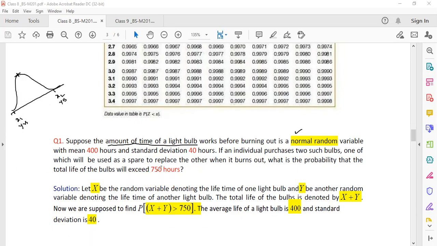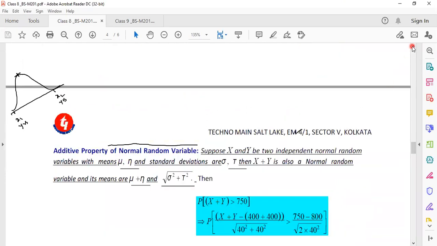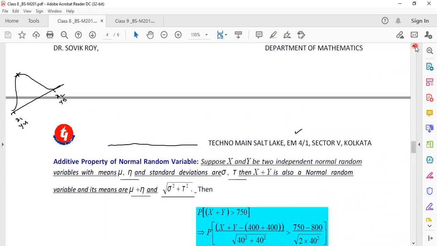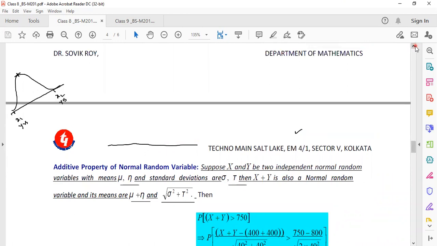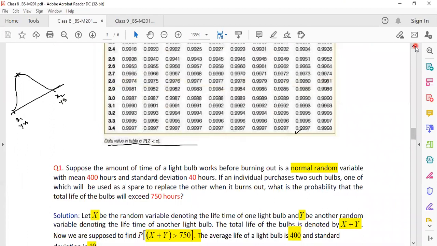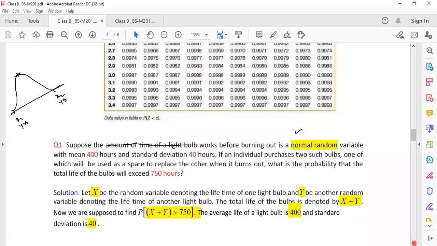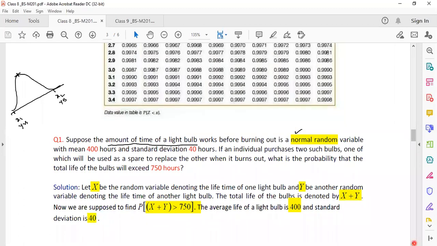That is very important in this particular case, because we are actually not interested in the longevity of a certain bulb. We are actually interested in the total life of the two bulbs considered.